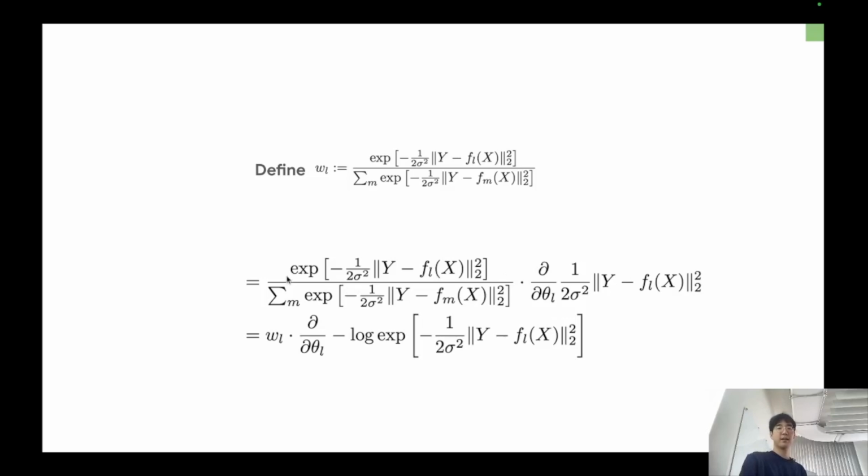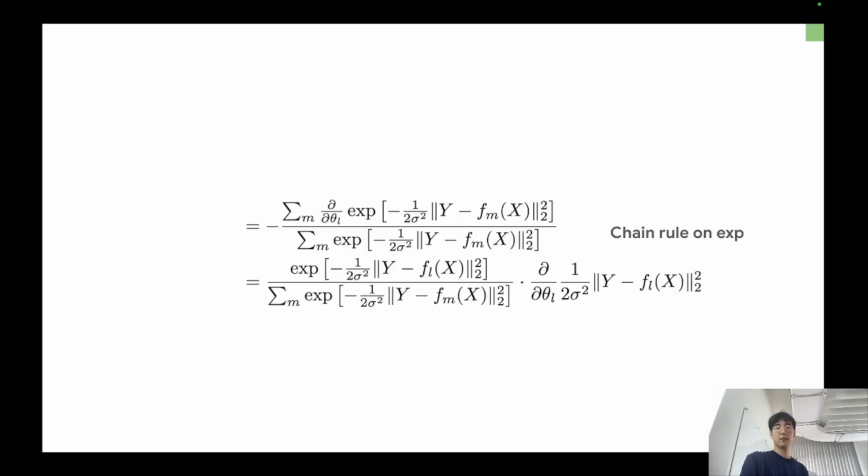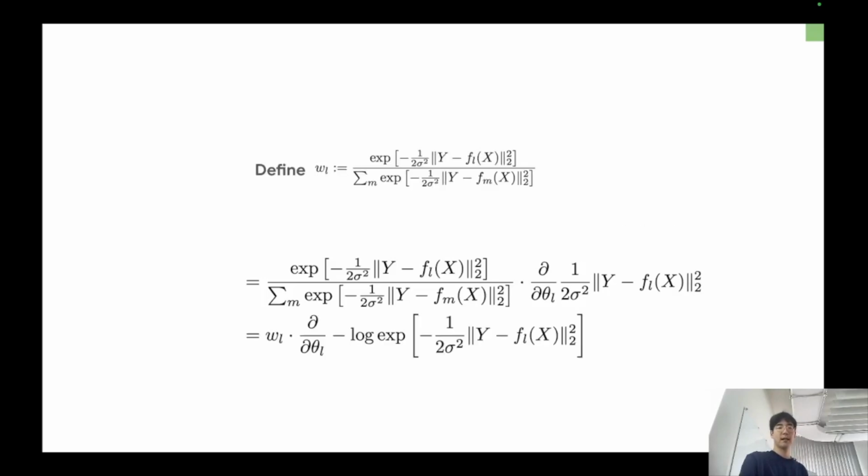Now we're going to define this exp of the term inside divided by the sum of exp of the term inside with different values m. We define this as W_L. And maybe you noticed that this is in the format of softmax, right?